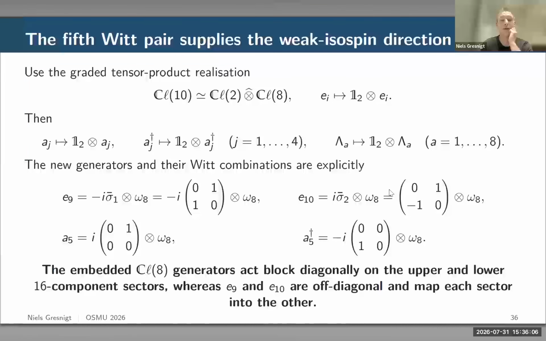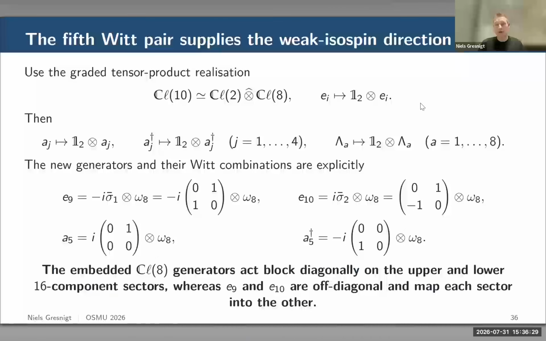So what I do is I use the graded tensor product realization of CL10, and I just embed the original CL8 basis vectors via tensor product with the 2x2 identity matrix. And I'm slightly abusing the notation here. So again, for CL10, for the basis, I'm just going to use the EIs again.